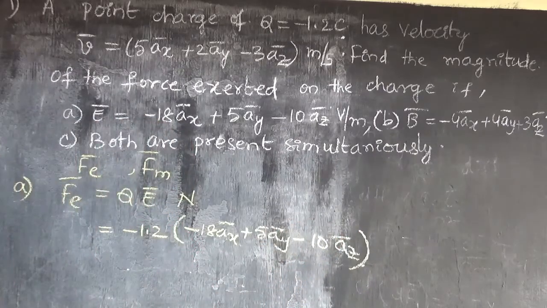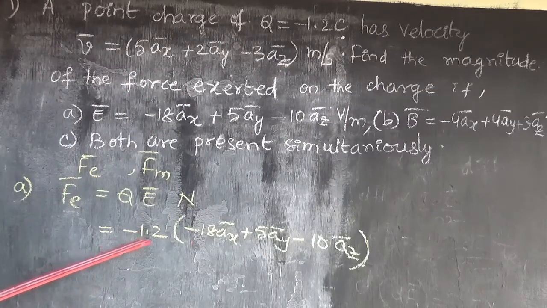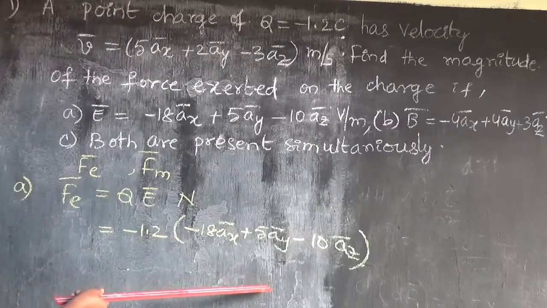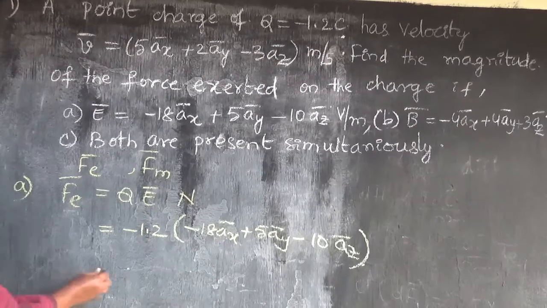So you just multiply, and he asked the magnitude of the force exerted. So by solving this, you will get a vector quantity and you have to find the magnitude by taking the modulus of that.